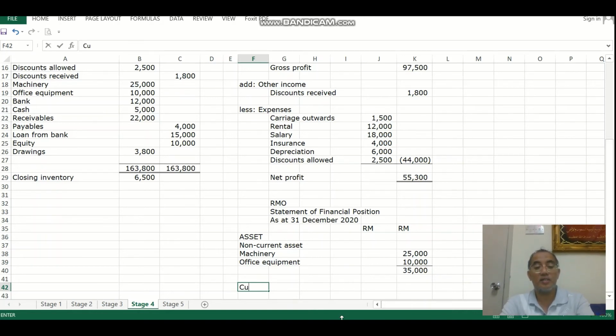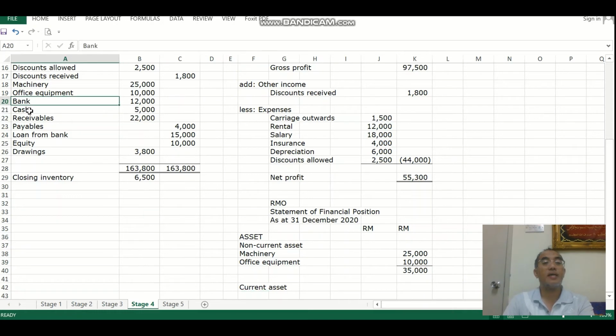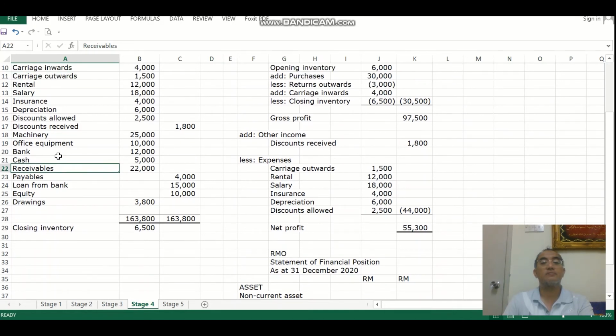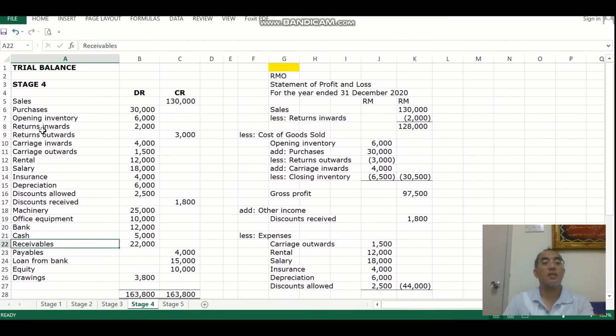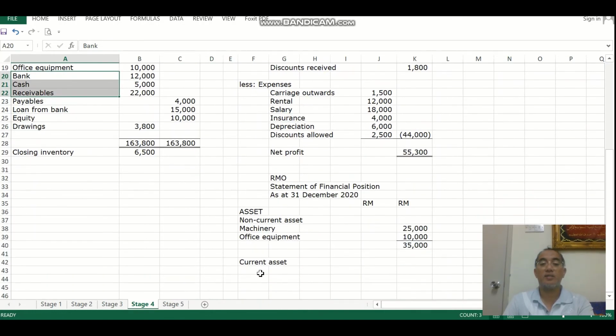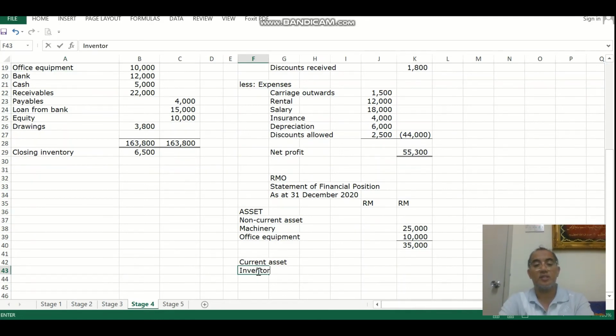And of course you need to find the total asset because this is the accounting equation. So current asset consists of your bank, cash, receivables. We have three only. But first, we start with inventory.